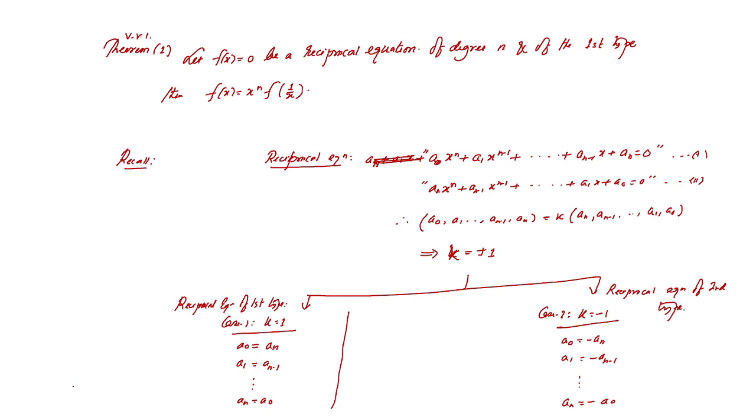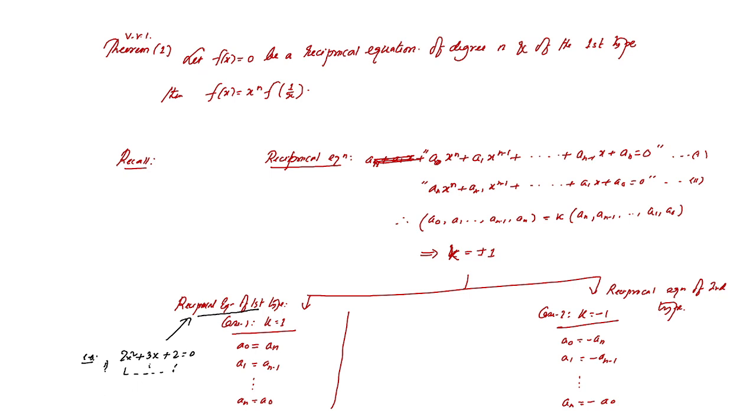If we think about an example, just for example, we have 2x square plus 3x plus 2 equals 0. This is a reciprocal equation of first type. Why? Because you will see a0 and a_n are equal.